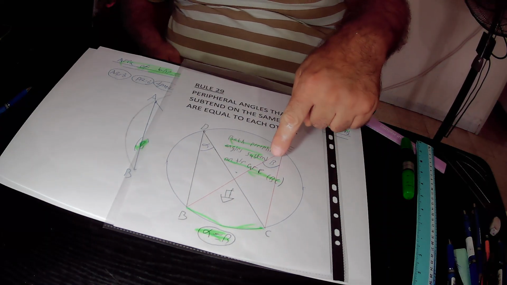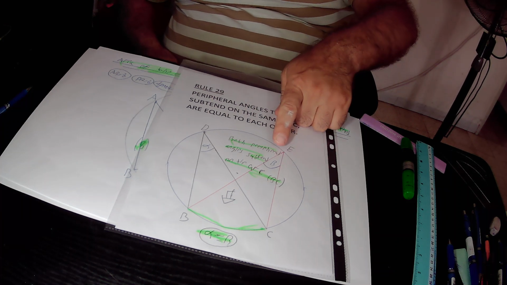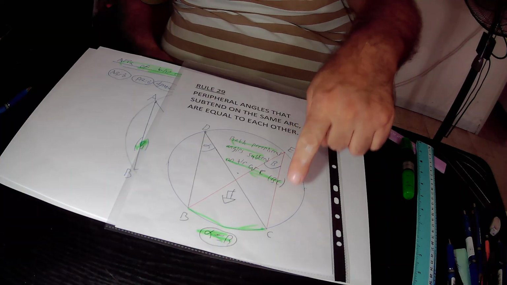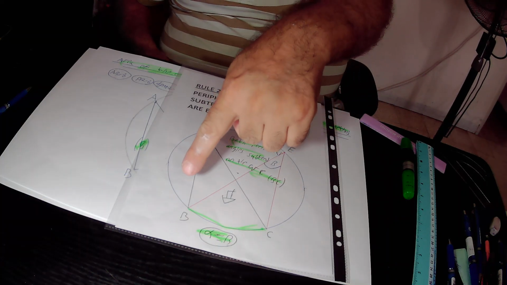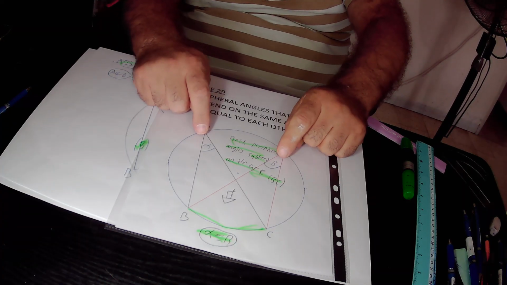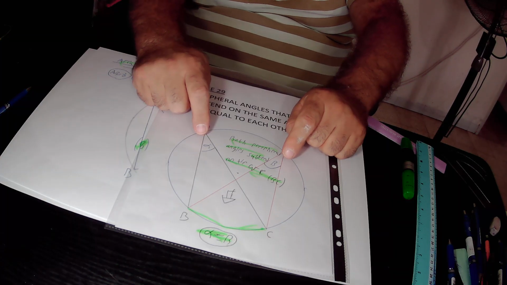Likewise, this is peripheral angle CEB. This is equal to beta degrees in its size according to our definition. And peripheral angle CEB subtends on the same arc BC. Because those two peripheral angles subtend on the same arc, they must be equal to each other in their sizes.